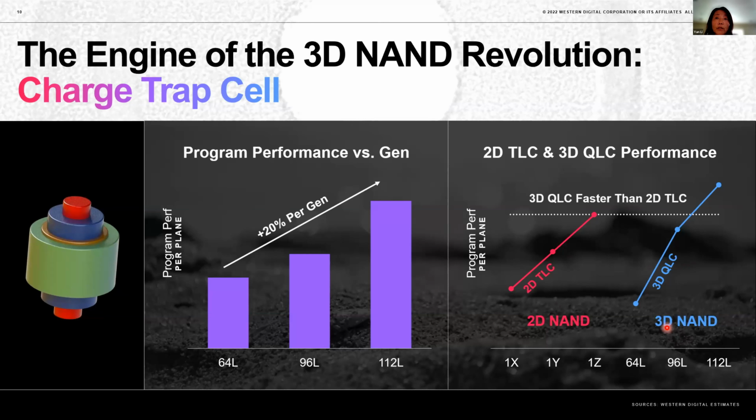But you can see the 3D NAND, the reliability, performance, okay, this is talking about program performance. But for program performance and reliability, the 3D NAND's QLC, 4 bits per cell, is equal to the 2D NAND's 3 bits per cell. That's quite a significant change.